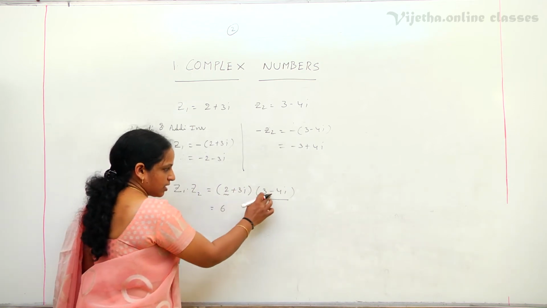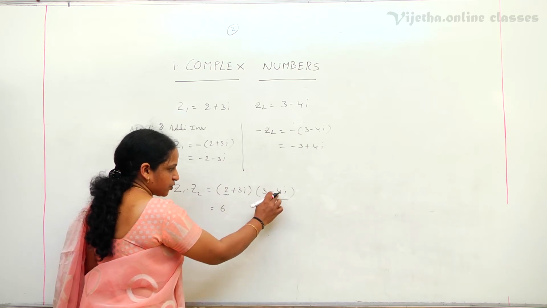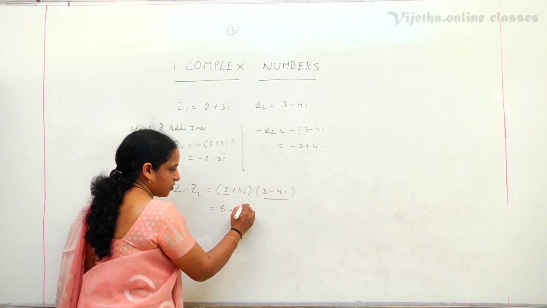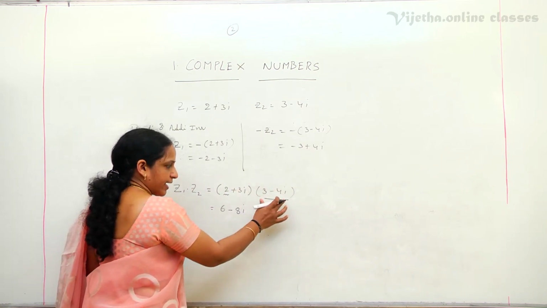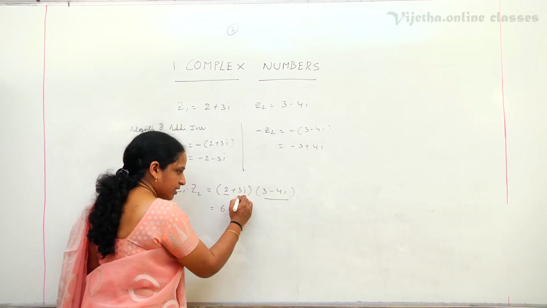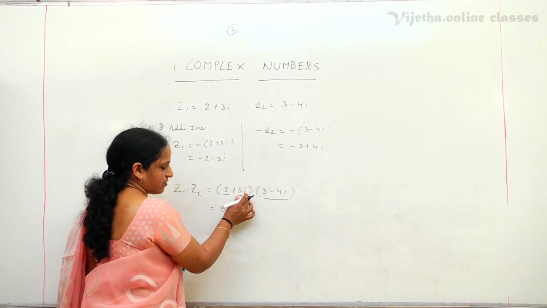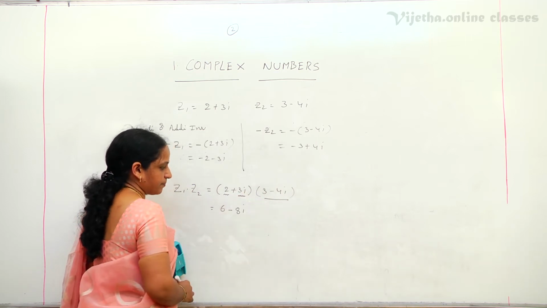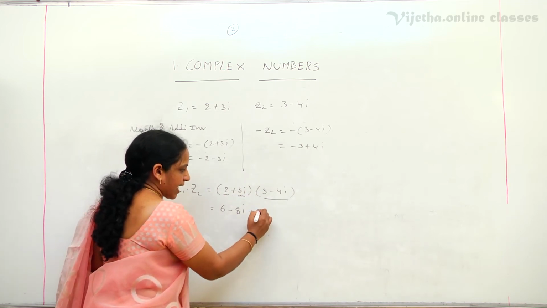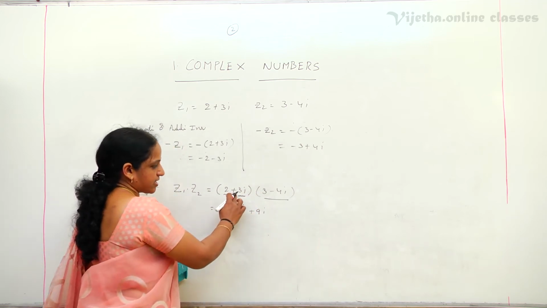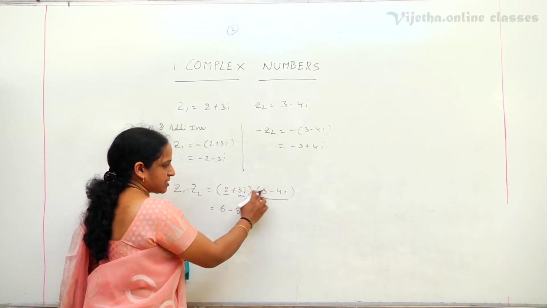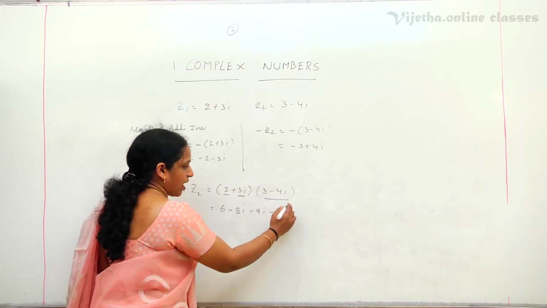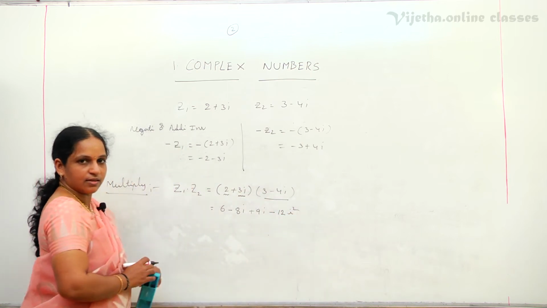Next, plus 2 and minus 4, plus into minus is minus, 2 fours are 8i. Next, 3 minus 4i is multiplied with the imaginary part of the first one, 3i. So 3 threes are 9i. Next plus 3 here minus 4, plus into minus is minus, 4 threes are 12, i into i, i square.